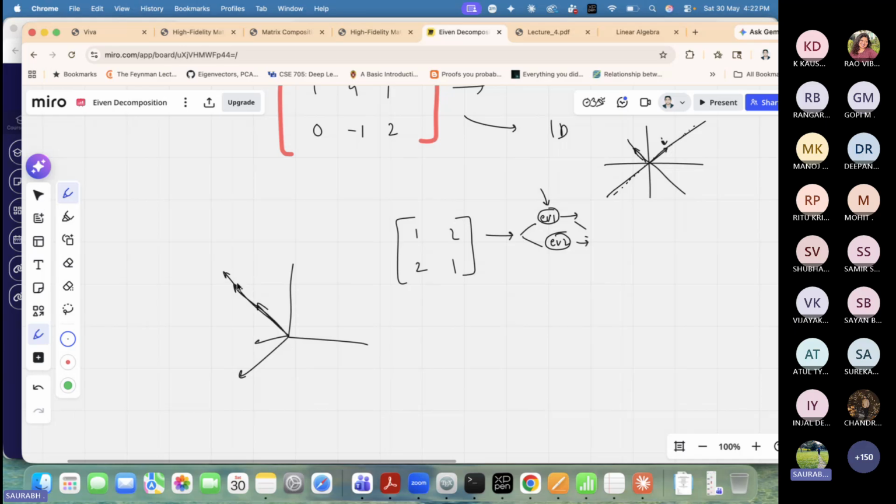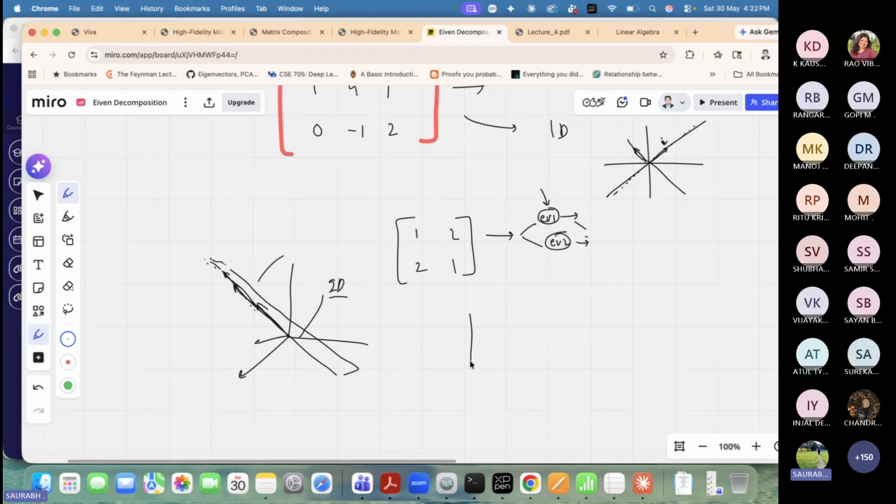They are all pointing in the same direction. Because it's a 3D space, everything could be a plane looking like this. So every vector that lies on that plane would be in an eigenspace. So the eigenspace in this particular case could be a two-dimensional space.